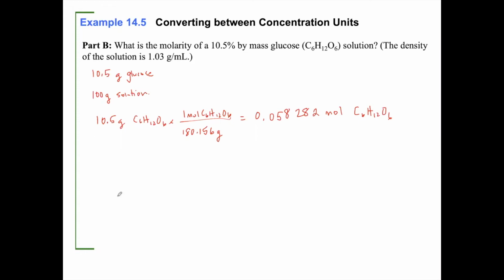Okay, so halfway there, now in order to find molarity, we need the liters of solution. So if we've got 100 grams of solution, and we know that 1 milliliter of the solution weighs 1.03 grams.